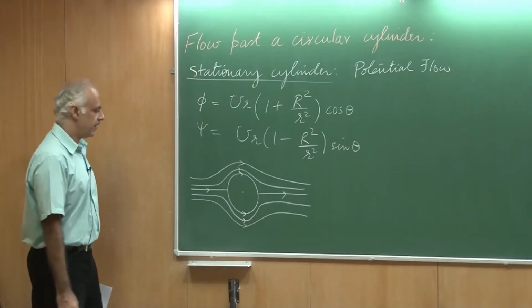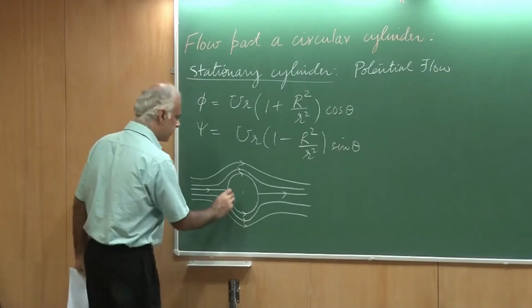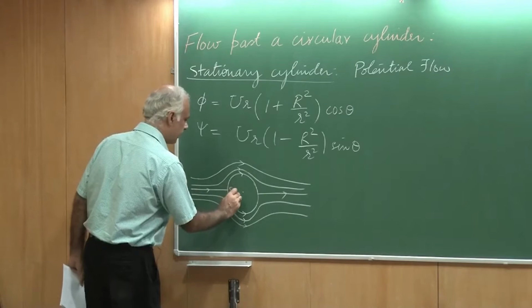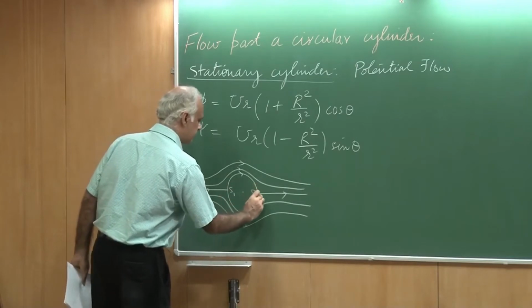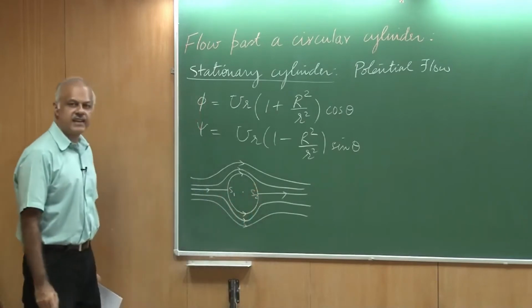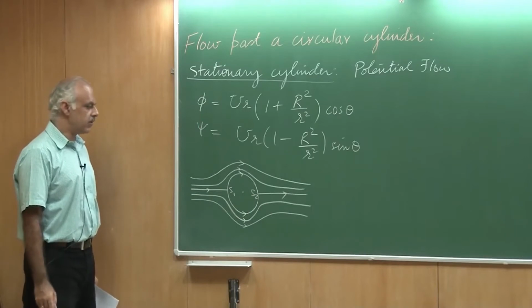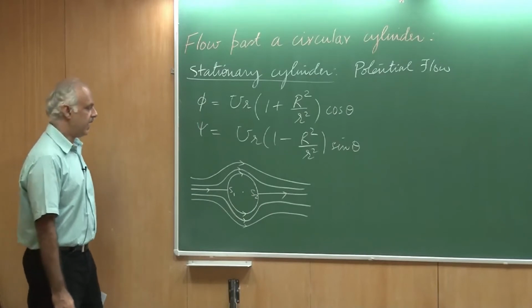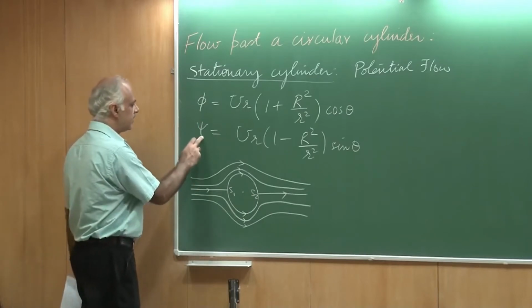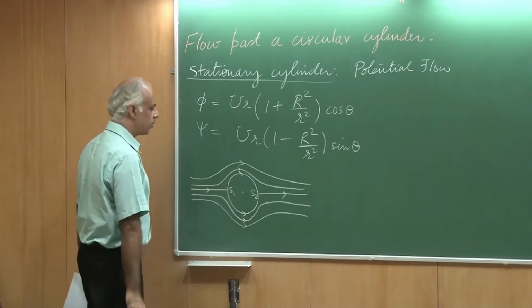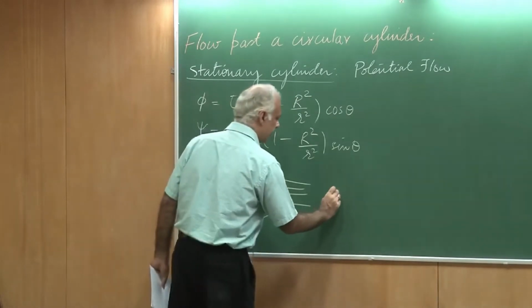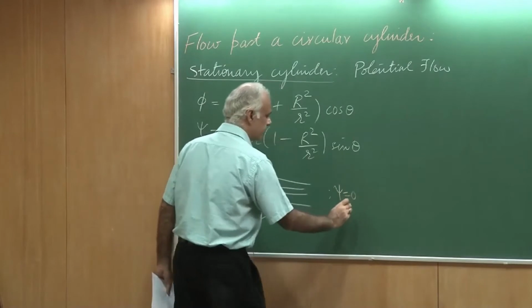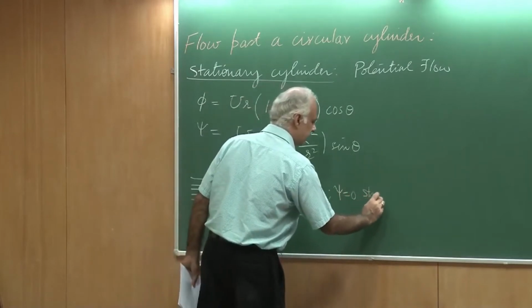We were able to identify two stagnation points, S1 and S2. At the stagnation points, the speed of the flow is 0, and the stagnation streamline is the one which passes through the stagnation point, and we were able to show that psi equal to 0 is the stagnation streamline.